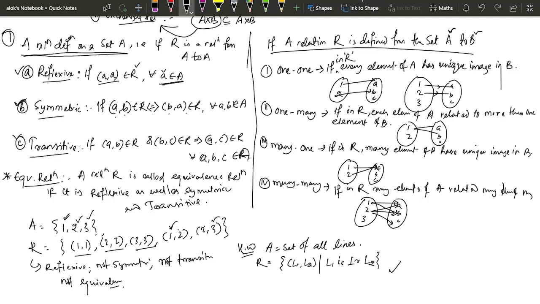So this type of relation is a many-to-many relation. One has many images, two has many images.